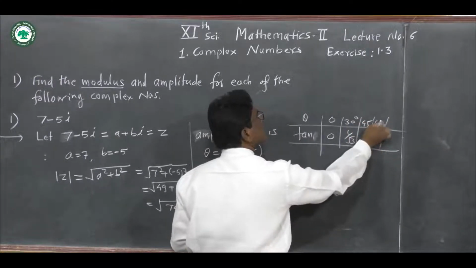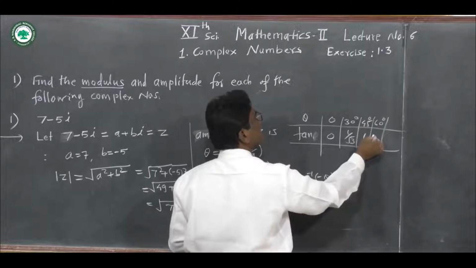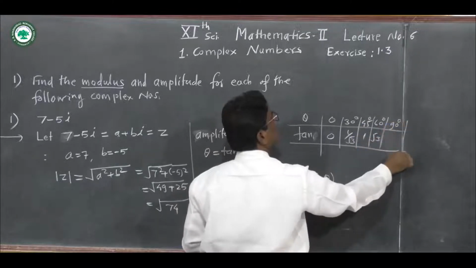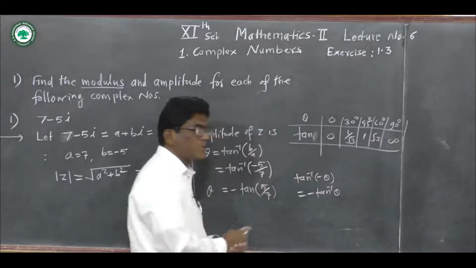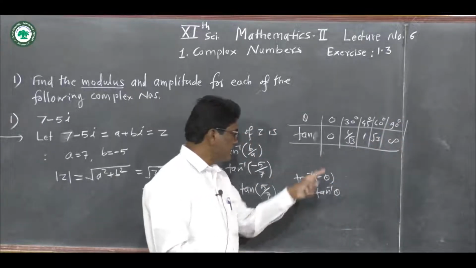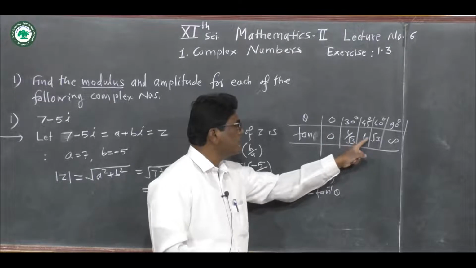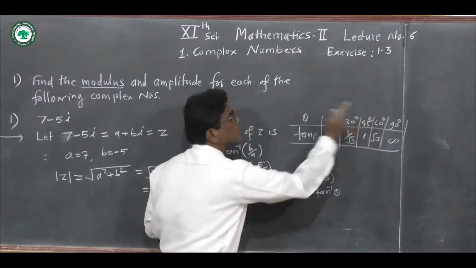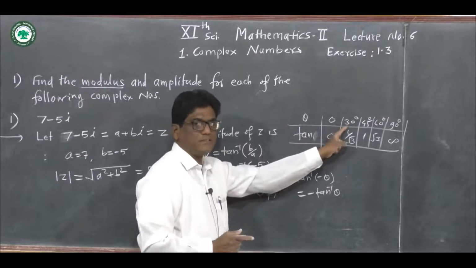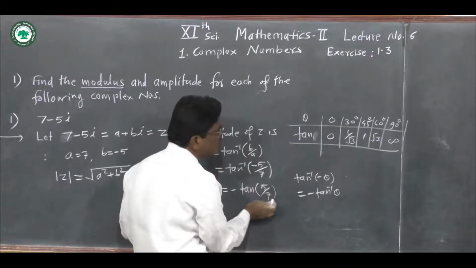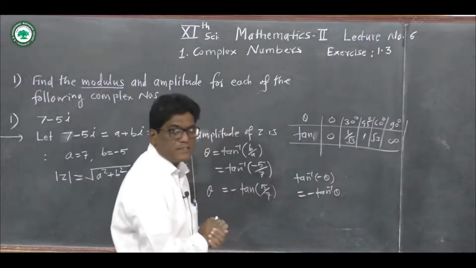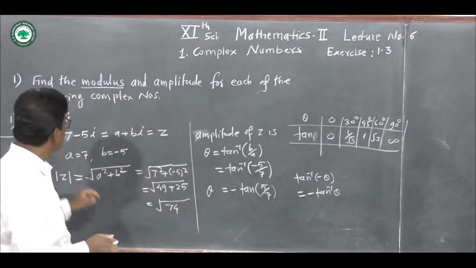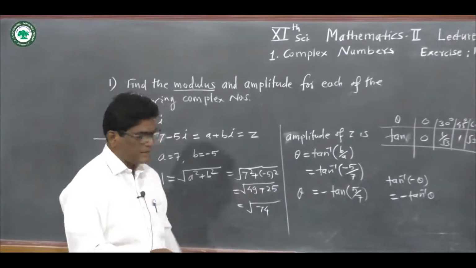Tan of 60 degrees is root 3. Then 90 degrees is infinity. So these are the values of tan for these angles. 5 by 7 is not in the table of tangent ratios, so we keep theta as it is. So this is the value of mod of z and theta.